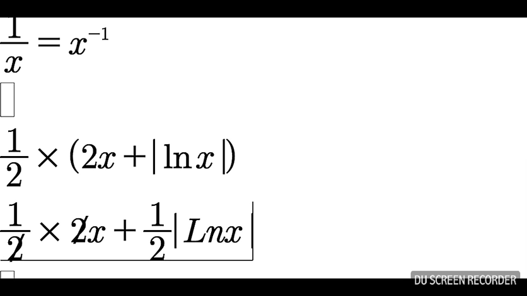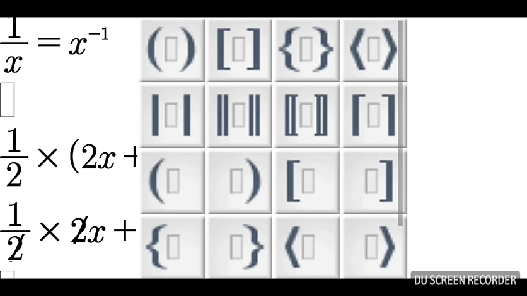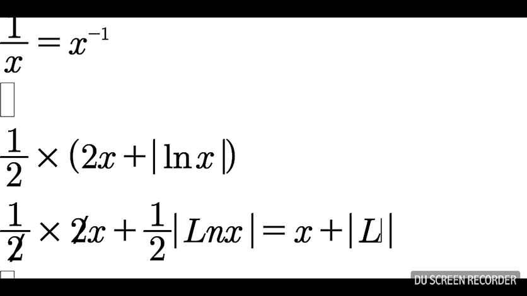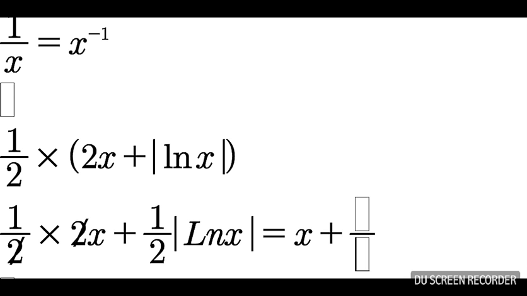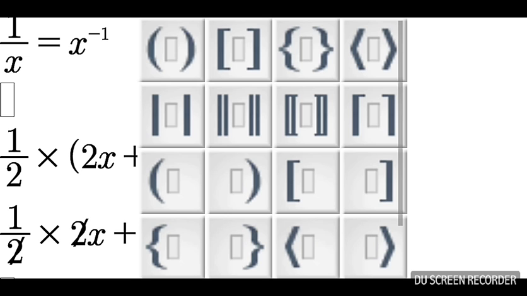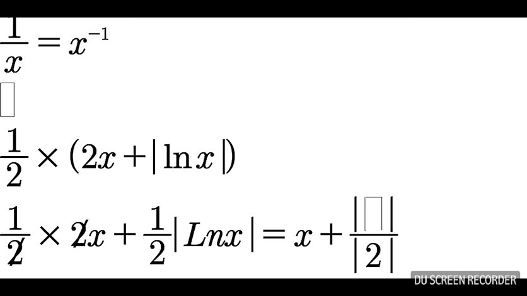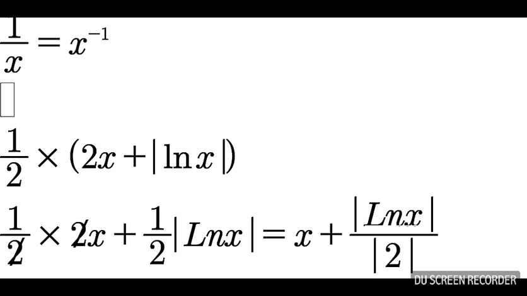X times 1 is x, so we have x plus ln x over 2, with absolute bars.